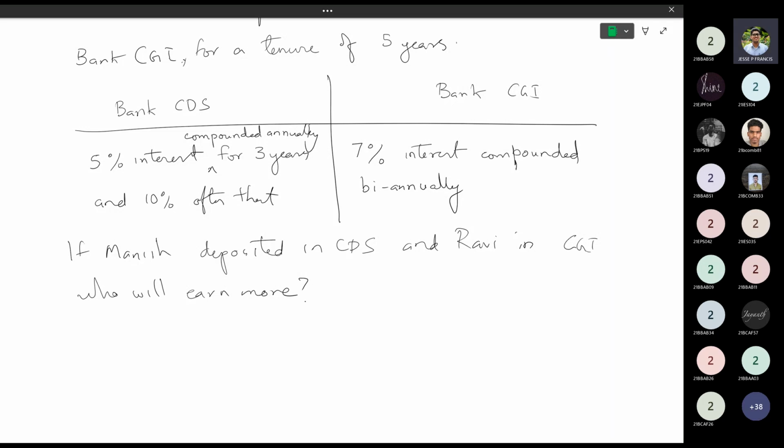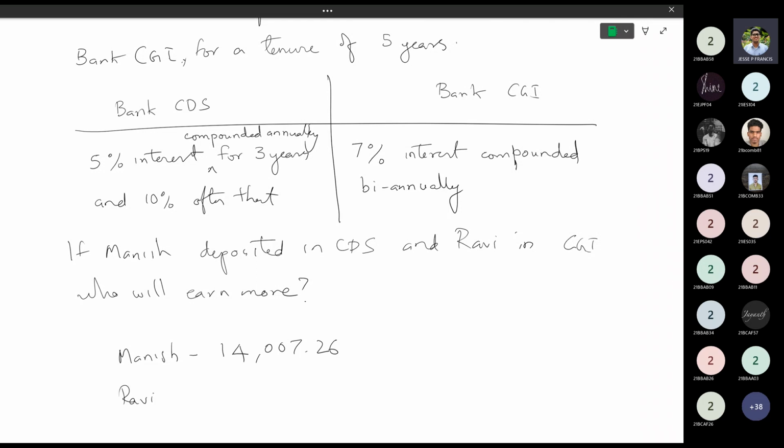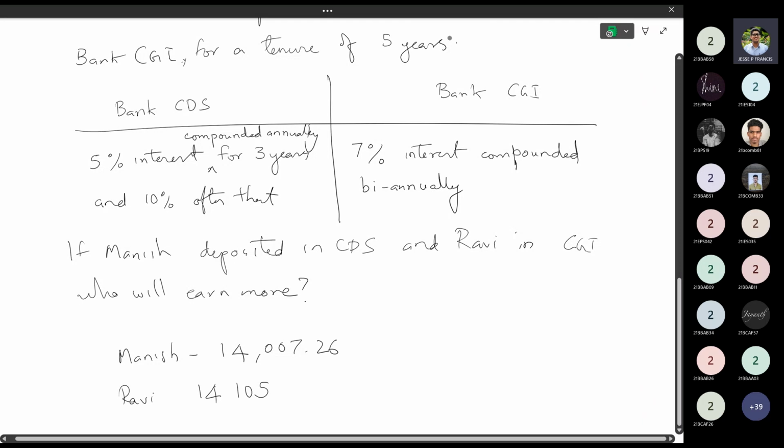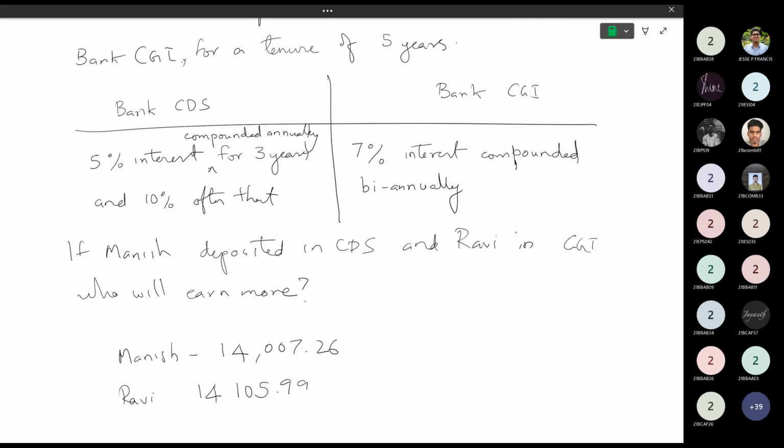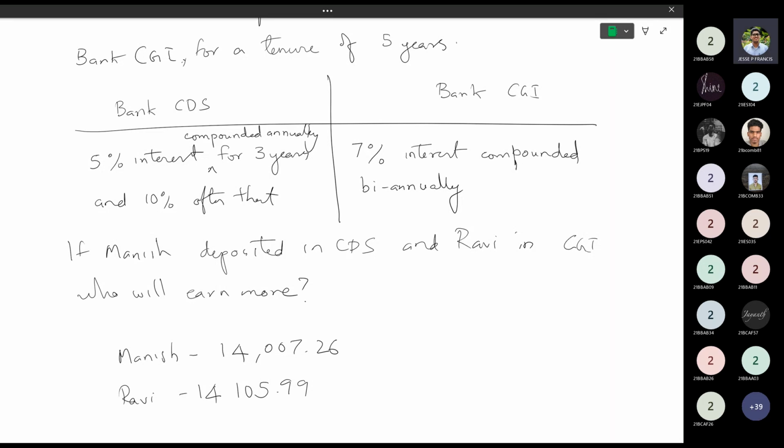Someone said Manish gets 14,007.26 and Ravi gets 14,105.98 or 99. Does everyone agree? You'll get a slightly different value. Someone got 14,007.34 and 14,108.88.